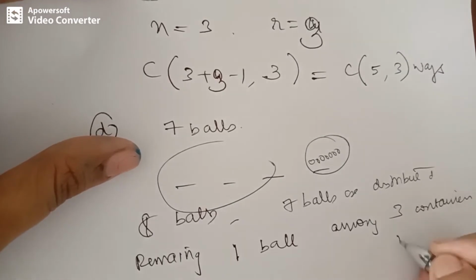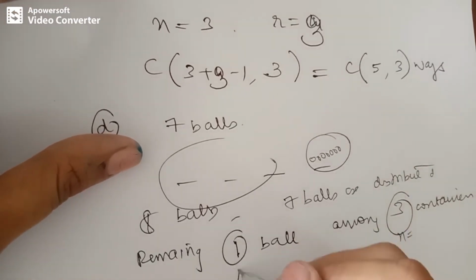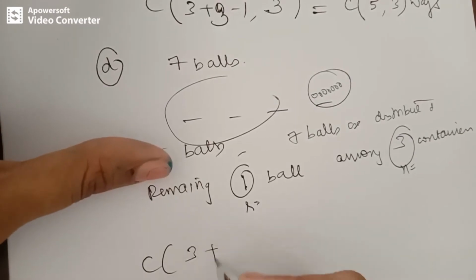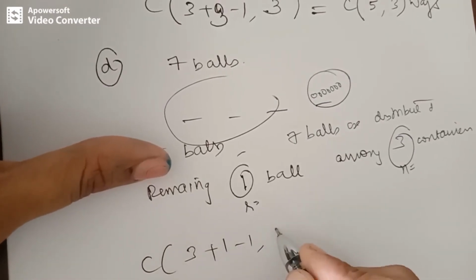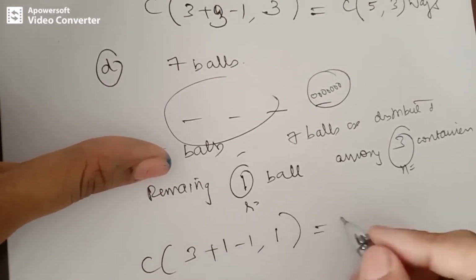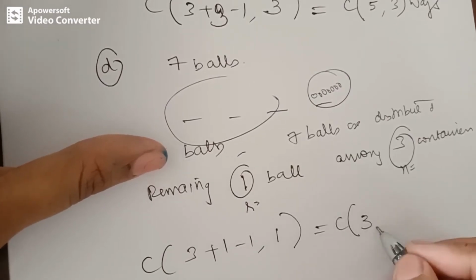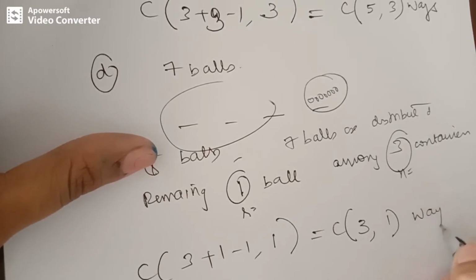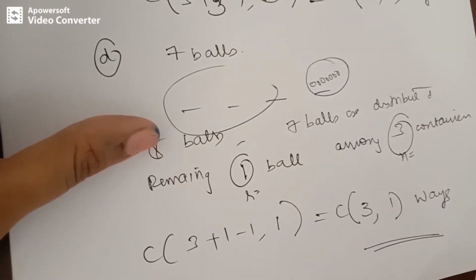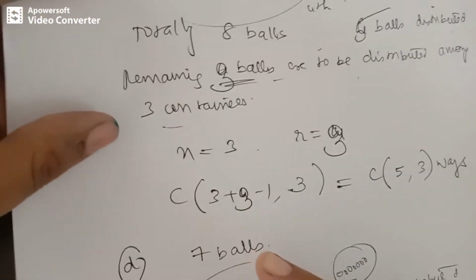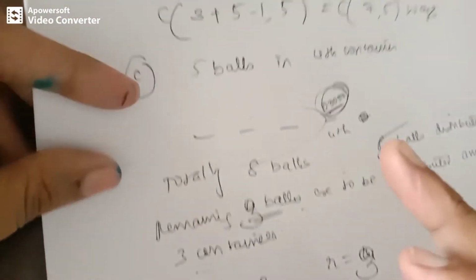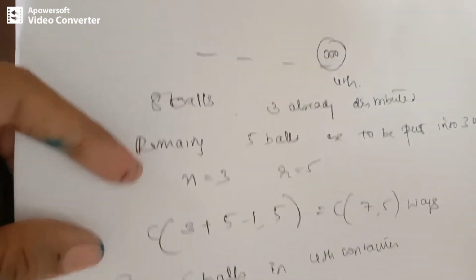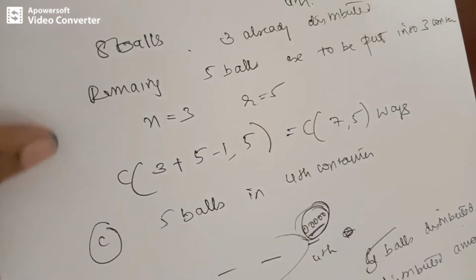The value of n is 3, r is 1. So we have to find n plus r minus 1 comma r, which is C of 3 comma 1. So the answer is the summation of the cases: 7 balls put in the 4th container, 5 balls, 3 balls, and finally 1 ball.